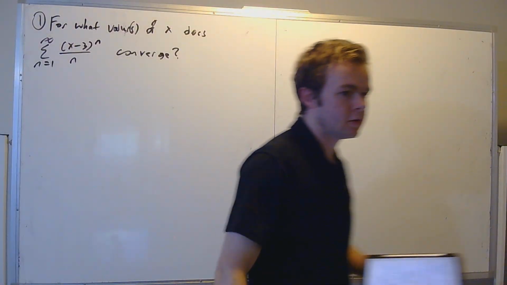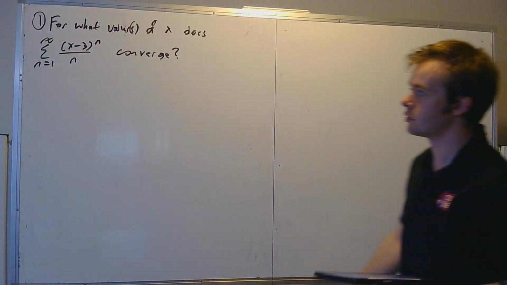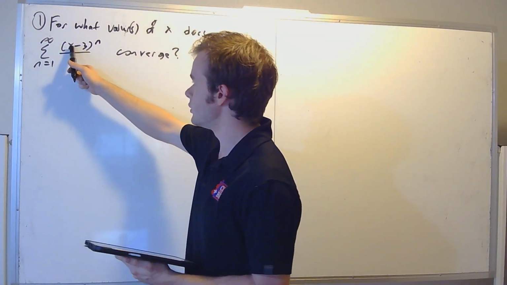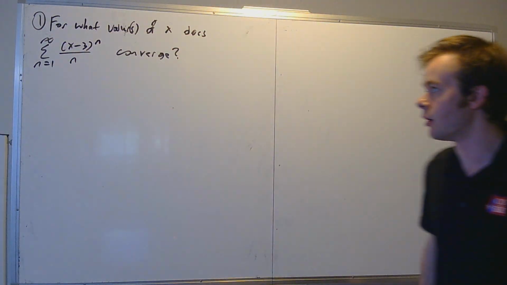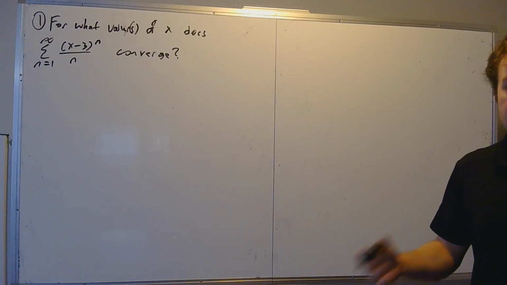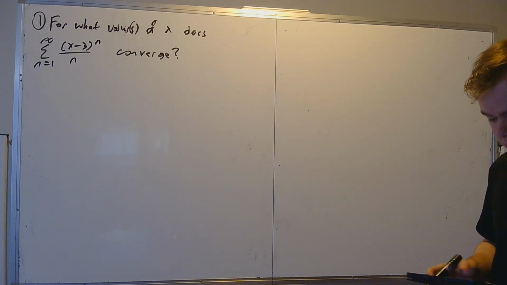Right, so we said if we're using the root test, we want the whole thing usually to be to the power of n, but here only the numerator is to the power of n, so that's our clue that we're probably going to want to use the ratio test.